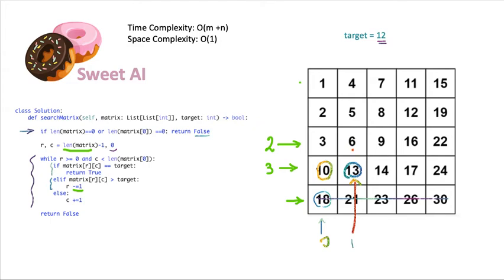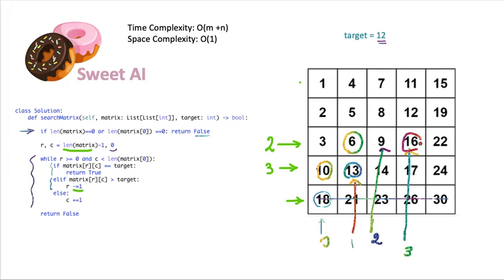And now we check index 2 and 1, and we see the value is smaller, so we're going to increase the column. So now the column is pointing at index 2 and row index 2, so 9, and 9 is smaller, so we still increase the column number. So now the column number is going to be 3 and the row is going to be 2.